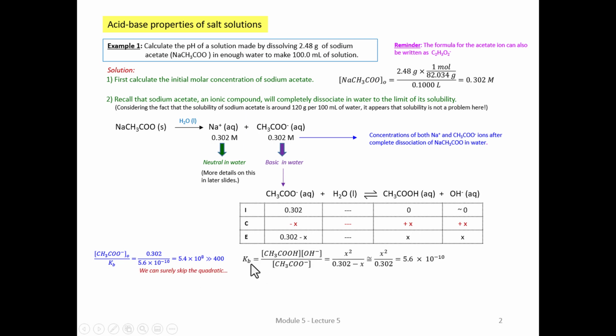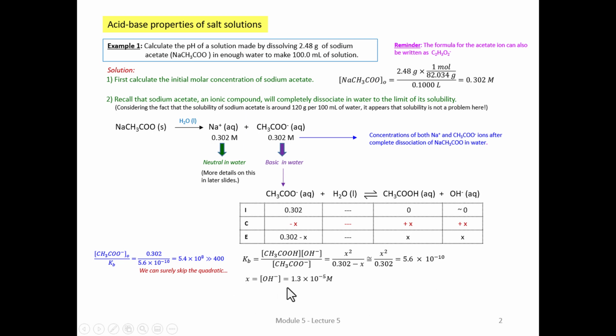So when we write out the Kb expression for the acetate, it would be x squared over 0.302 minus x, or x squared over 0.302, assuming x is small, and we set it equal to the Kb value for acetate, which we stated on a previous slide.